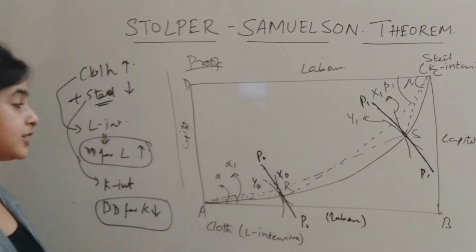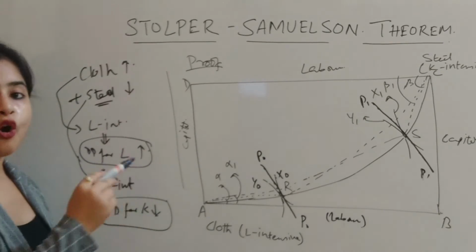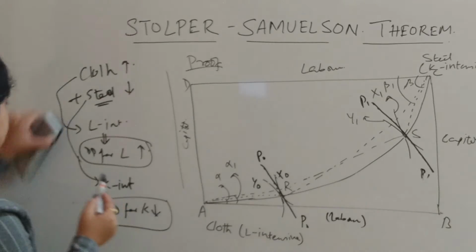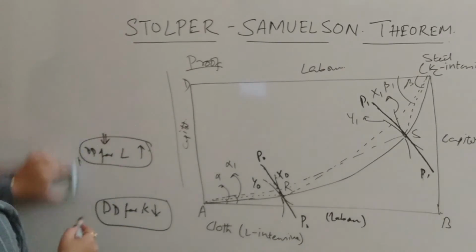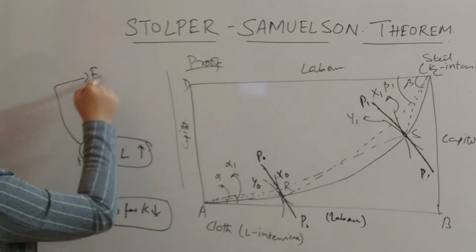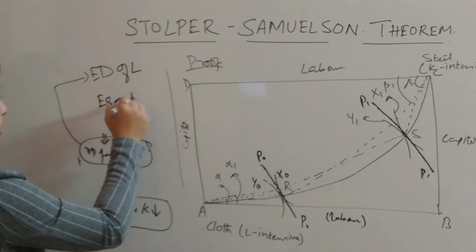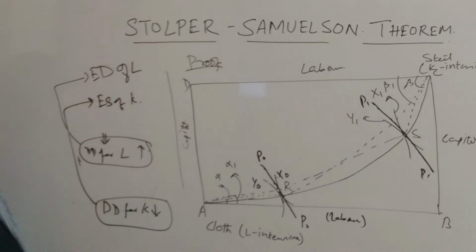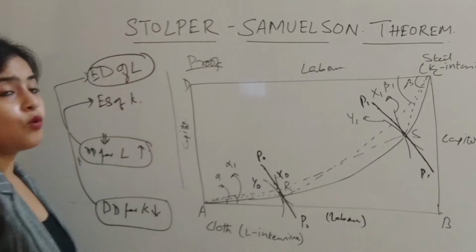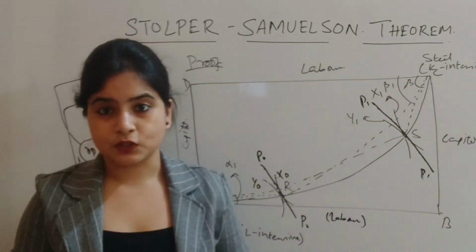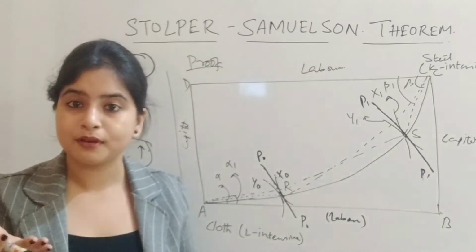Because of this, there will be an excess demand for labor and excess supply of capital, right? Now, due to this excess demand, focus on the marginal productivity of labor.